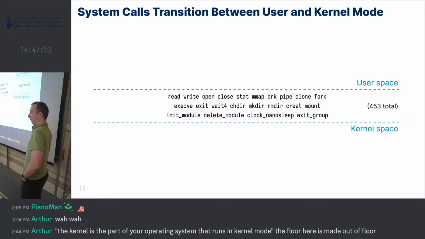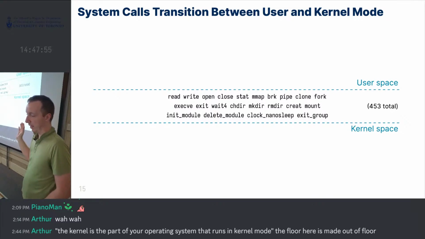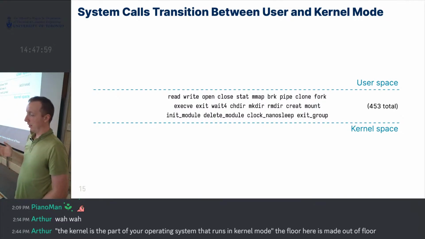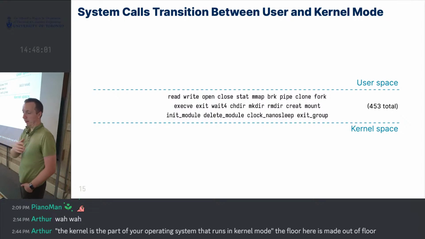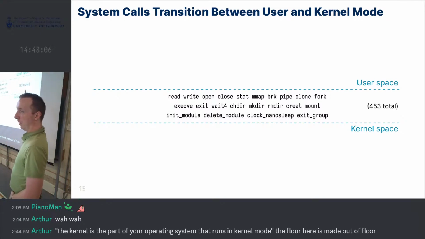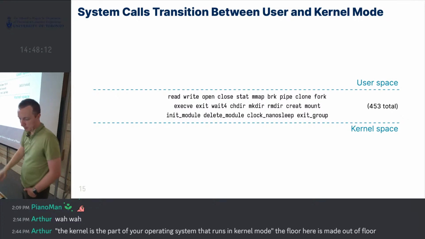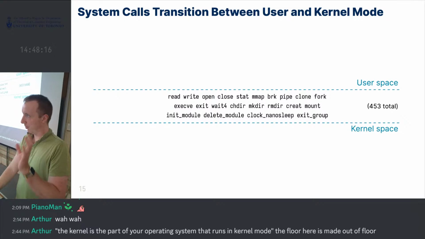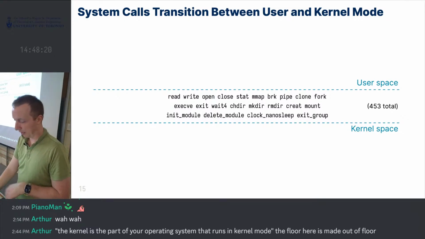That's the maximum number of valid system calls. Some of them are like read and write, which we've already seen, open, close, and a whole bunch of others. At the end of this course, you'll come back and look at this list and understand what each of these is supposed to do. Except for init module and delete module, but you did that if you completed Lab 0, and that's how that worked.